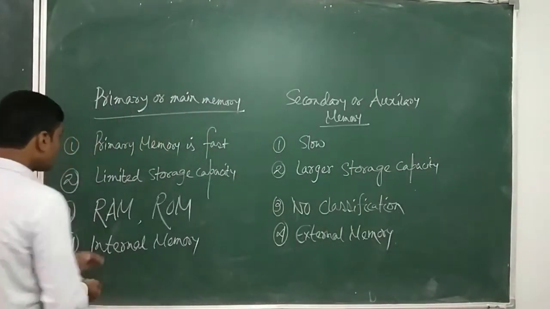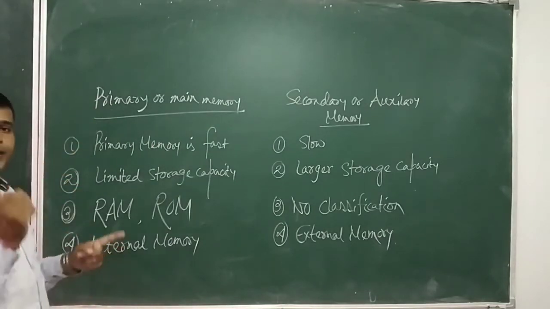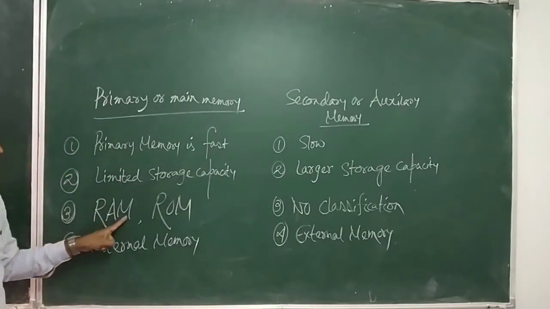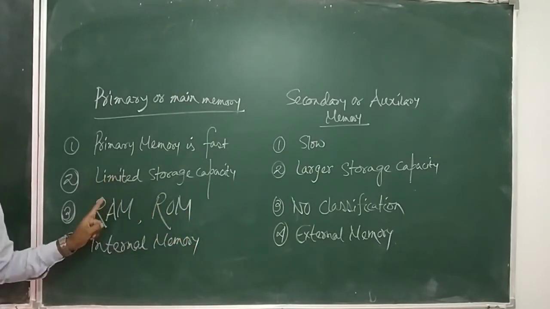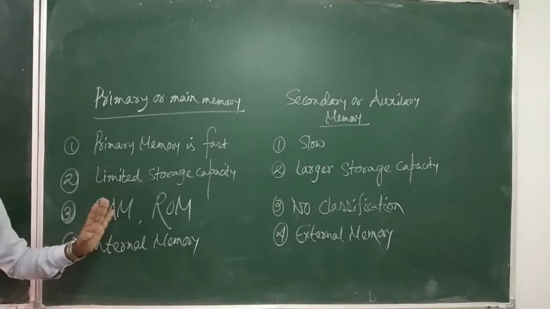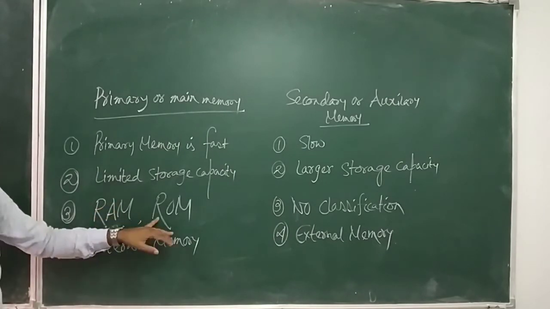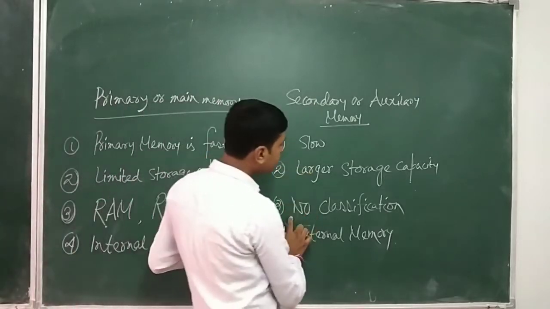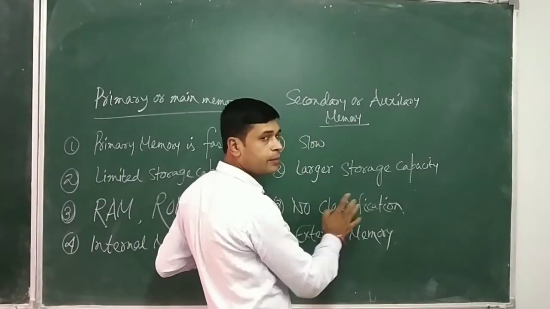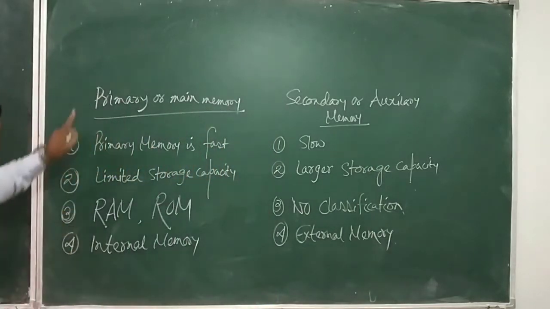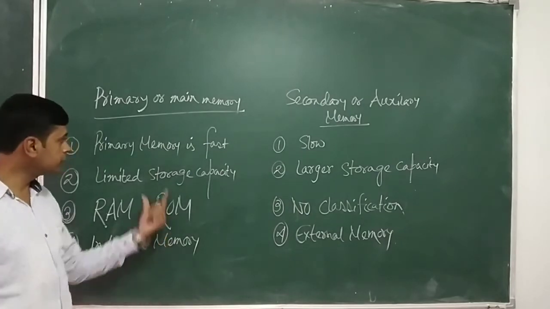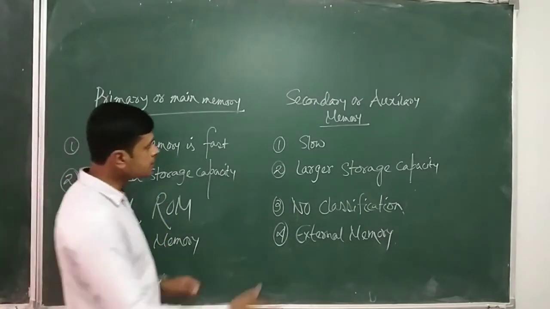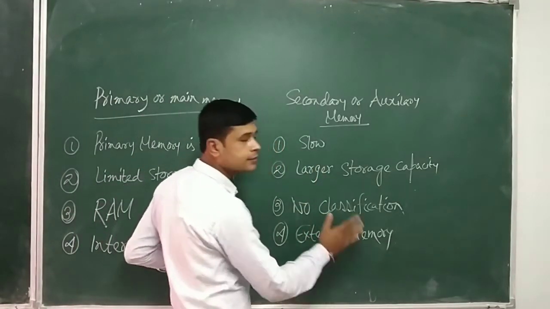Next, primary memory is classified into RAM, random access memory, and ROM, as we have already discussed. RAM is again divided into static RAM and dynamic RAM. ROM is again divided into PROM, EPROM and EEPROM, whereas secondary memory has no classification. Next, number 4, primary memory or main memory is called the internal memory, whereas secondary or auxiliary memory is called the external memory.